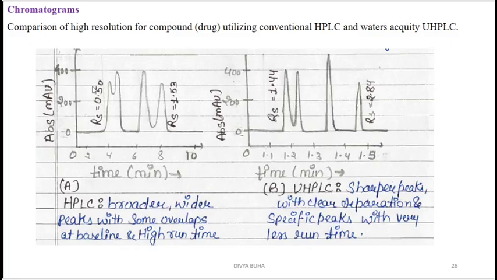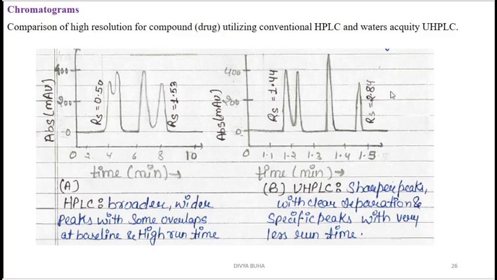So here you can see that the resolution is very less, it is 0.5. So that's why the peaks are overlapping with each other, right, at the base. Here the resolution is 1.53, so that is quite okay. Here the resolution is 1.44, that is nearer to 1.5, so that is okay. And here the resolution is very good between these two peaks, that is 2.84, right?